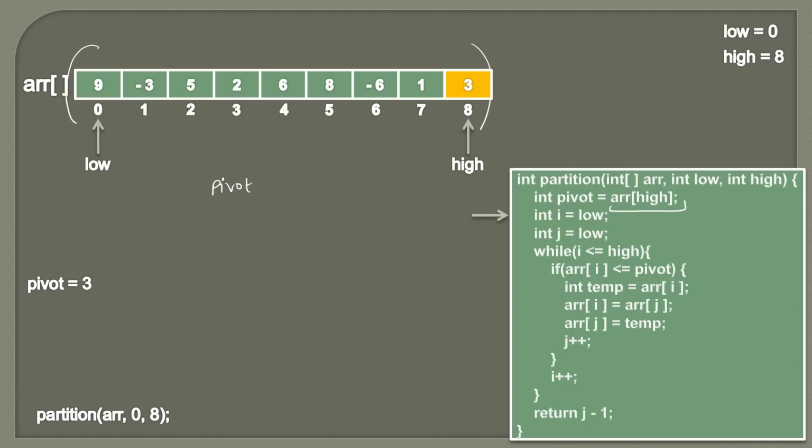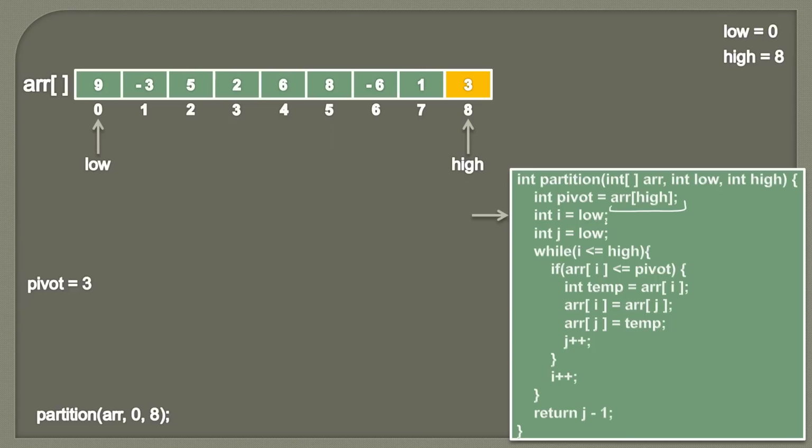Now after this pivot selection, we reorder this array in such a way that all the elements smaller than pivot come in the left part, then comes the pivot, and all the elements greater than pivot come in the right part. This reordering is done by two variables, i and j.